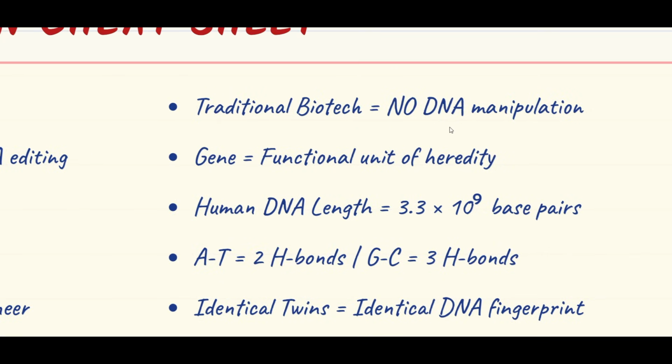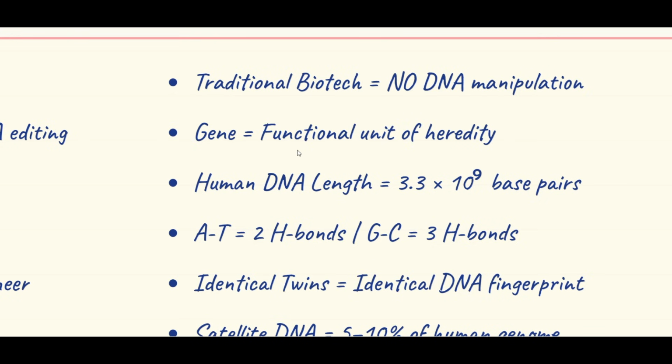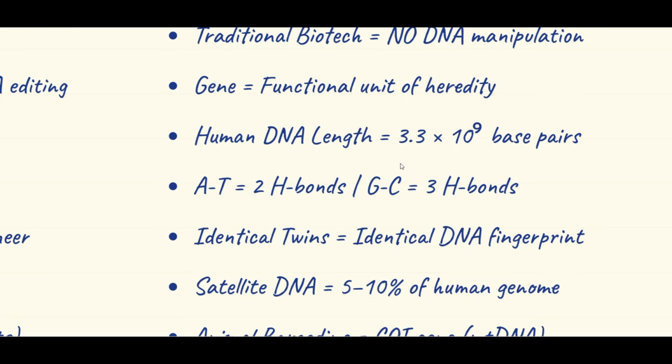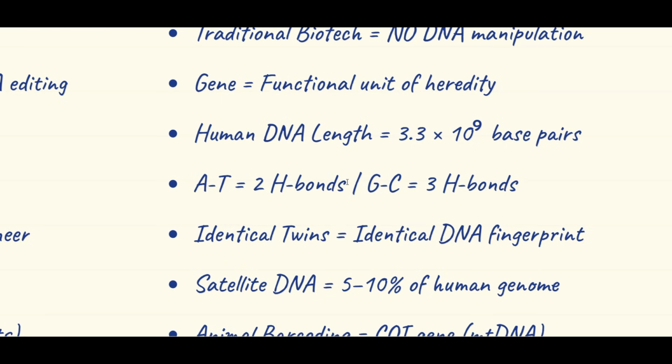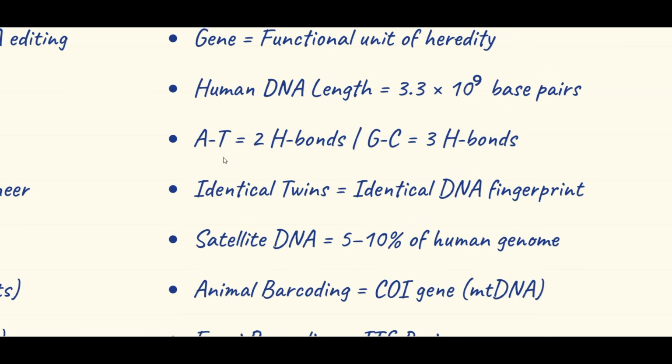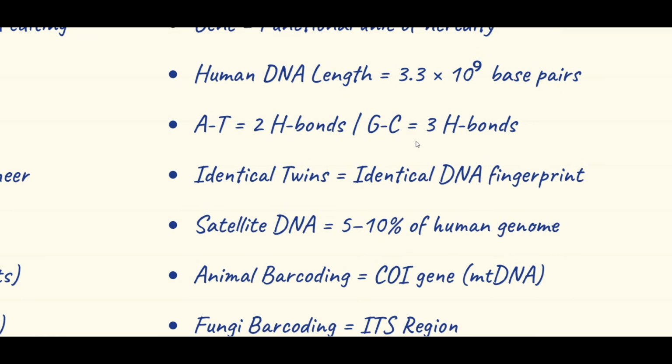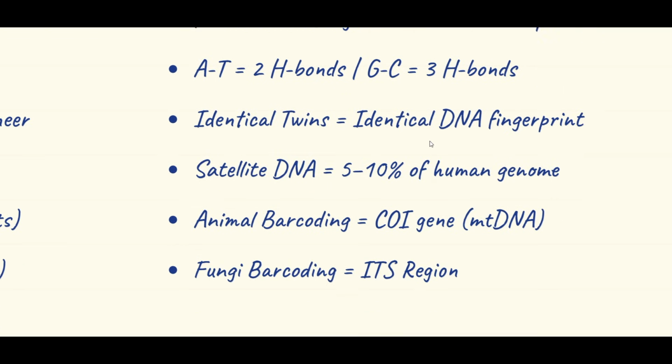Traditional biotechnology: the known DNA manipulation. The gene is the functional unit of heredity, right? Human DNA length is 3.3 times 10 to the power 9 base pairs, and adenine-thymine has 2 hydrogen bonds, and guanine-cytosine has 3 hydrogen bonds.